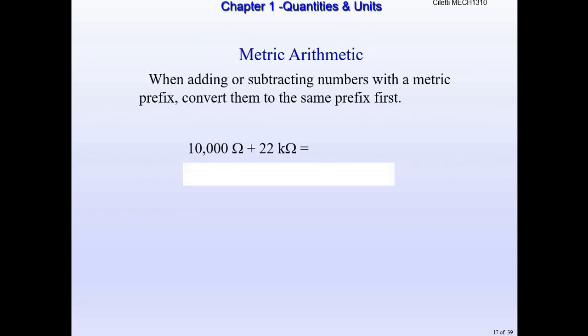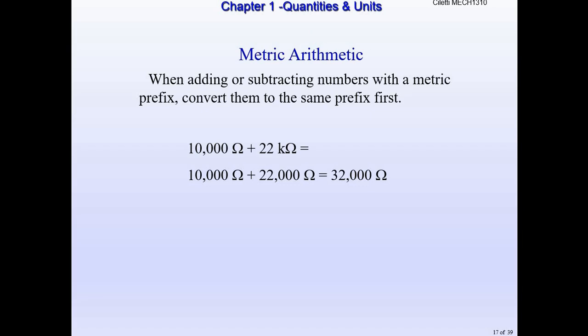All right, so let's add and subtract these. It's going to be important when we start adding resistors, but you need to make sure that you're either all in SI prefix or all in the base unit. Notice one's in ohms and one's in kilo ohms. So always be in the same units. Let's take that 22 kilo ohms and write it as 22,000. Now we can do 10,000 plus 22,000. Do not do 10,000 plus 22 and get 10,022.